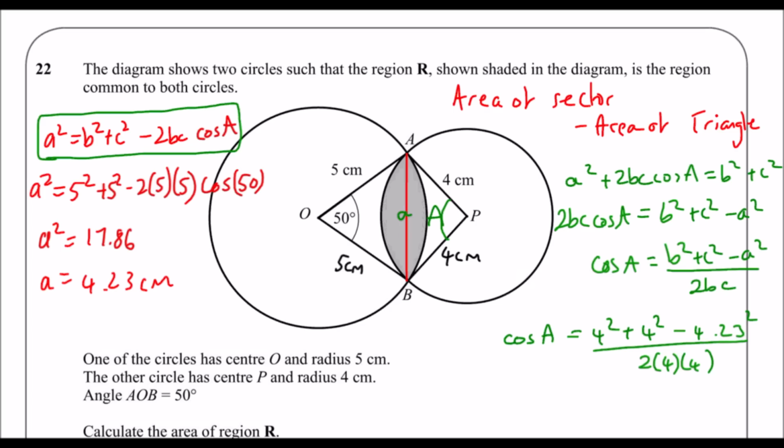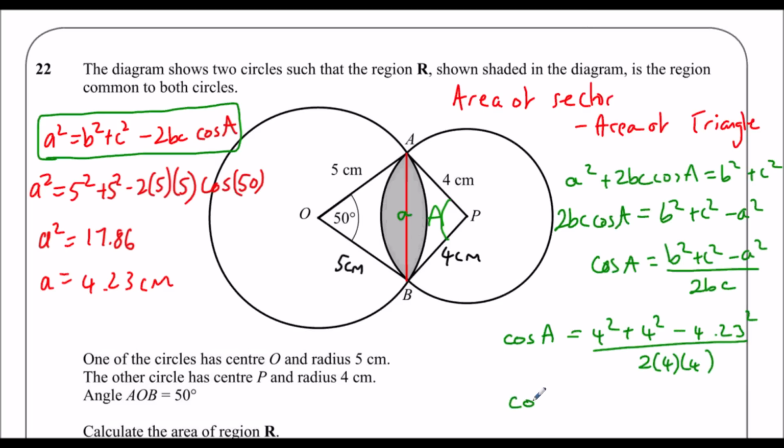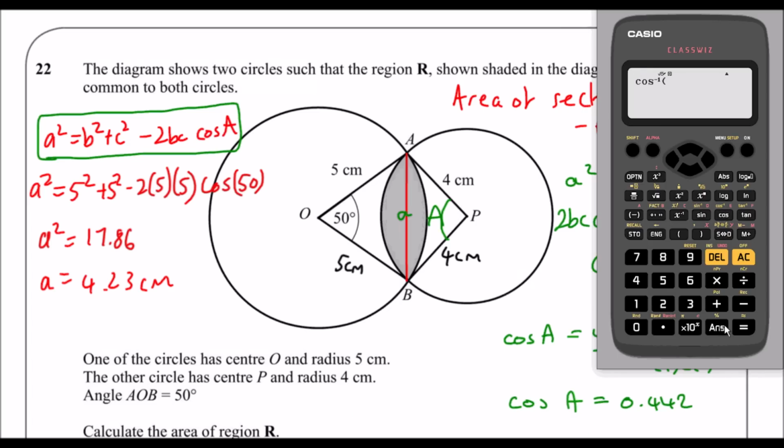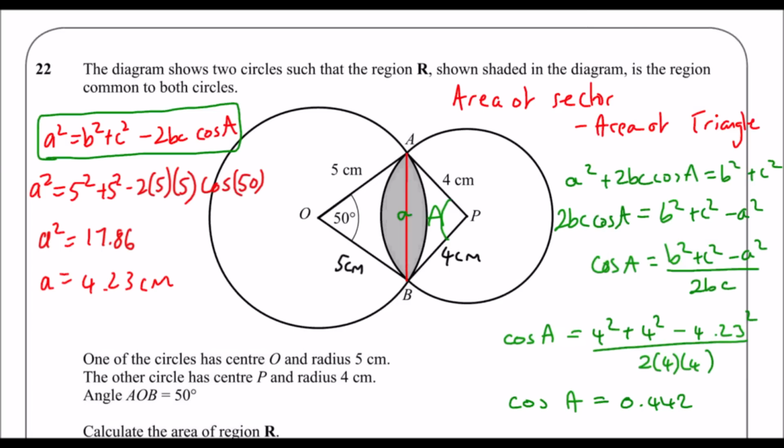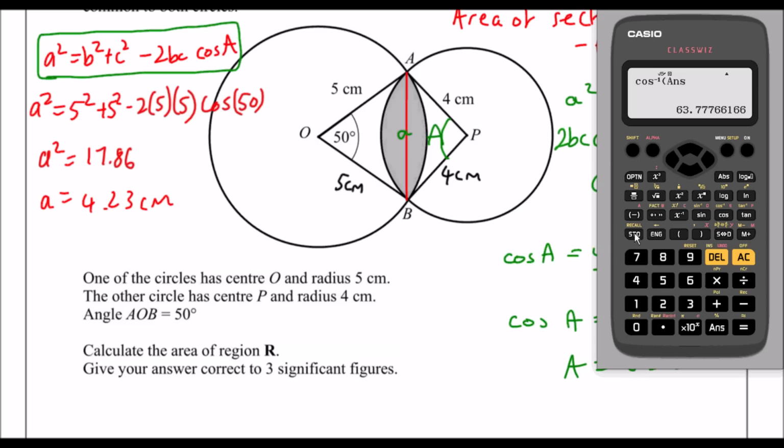So we can just type that into the calculator. 4 squared plus 4 squared minus the answer squared over 2 times 4 times 4 is 0.442. That's cos A is 0.442. To find the angle, we do shift cos. So the angle is 63.8 degrees. And I'll save that in the calculator as A.